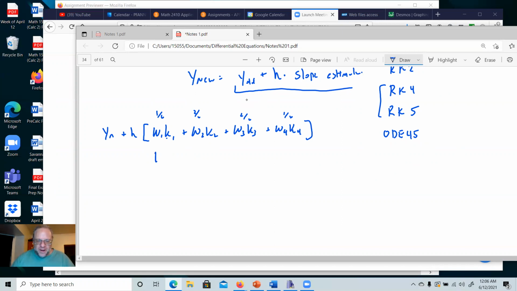But our K1 is just the slope that we get from Euler's method. This is just f of xn, yn. This is Euler's method here.